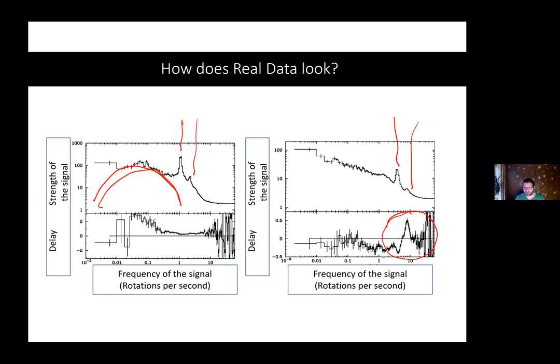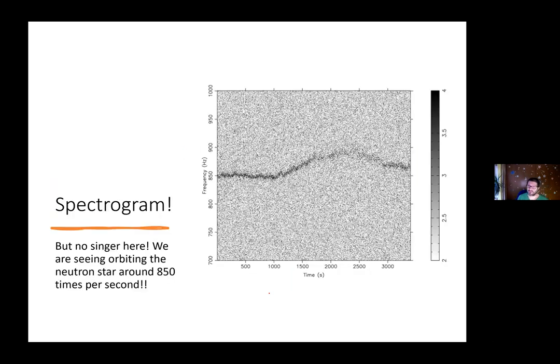Of course, it's complicated, but I wanted to give you just a taste of the complexity, and of how we do it. Remember that we saw a spectrogram of a singer? Well, we can do the spectrogram as well of a neutron star. And if you are lucky enough, you will see something that is as clean as this. Again, time, and this is frequency.